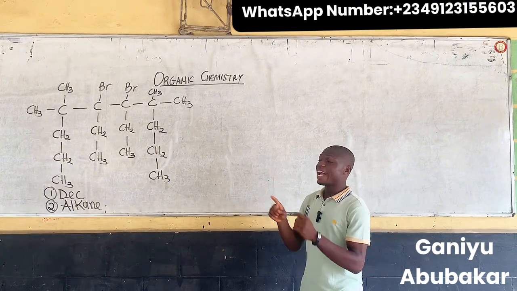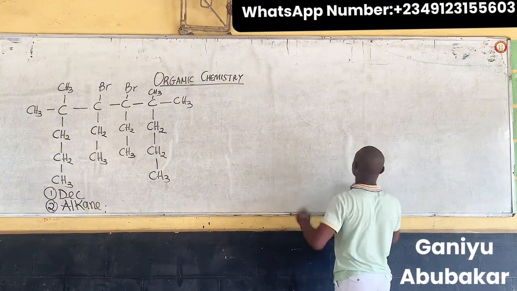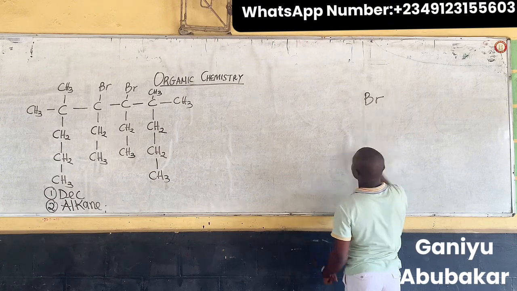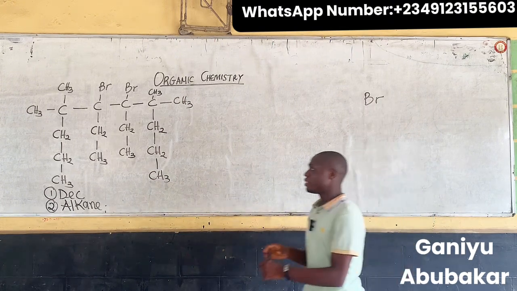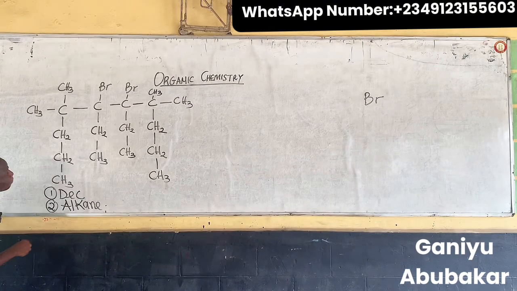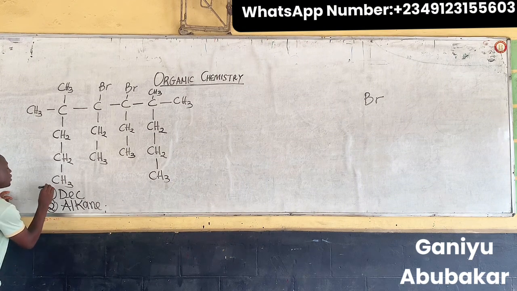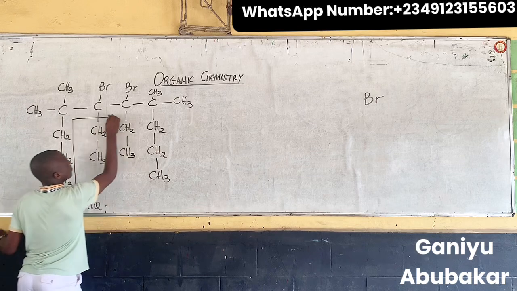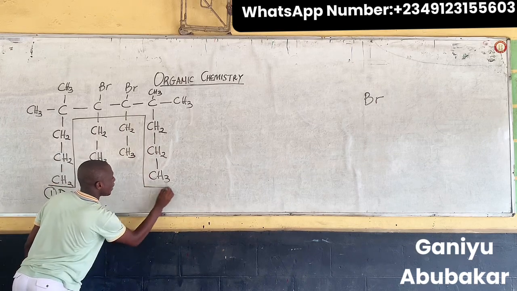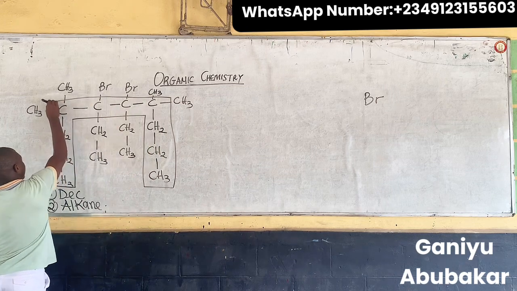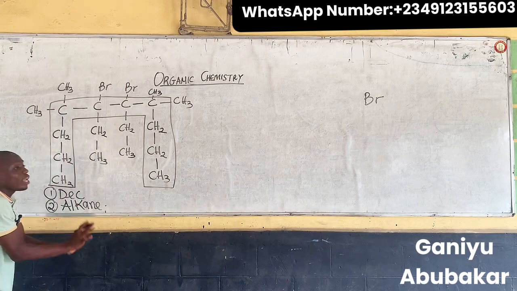In this case, I have a combination including bromine. Let me give a quick, easy way to understand this. This part here, we said, is the longest chain.